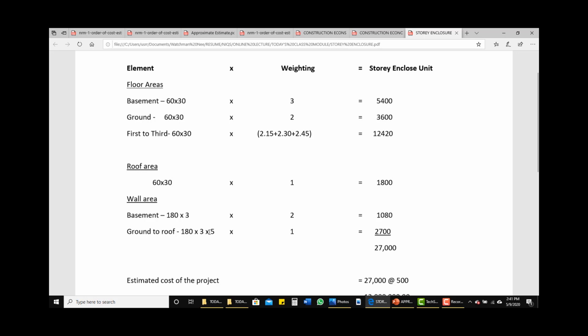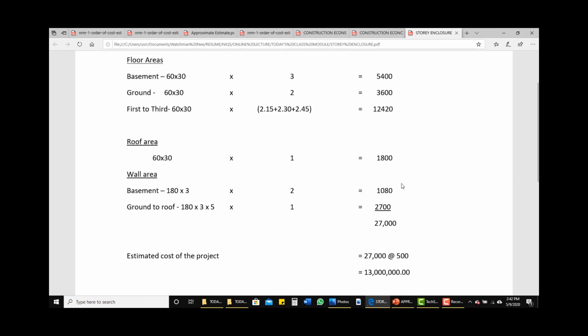Then we multiply by the number of levels from ground to roof level: ground floor, first floor, second floor, third floor, then the roof level. That makes it 5 floors. So we multiply everything together, that gives us 2,700. So we add everything together to give us 27,000.